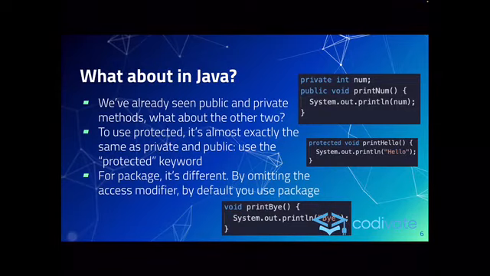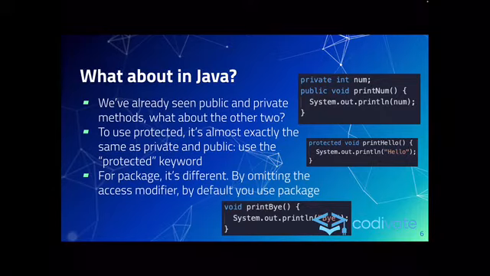So exactly what would we do in Java to get this? It turns out that you can just use those words. We've already used private and public, for example, when we were creating instance variables and methods. The protected keyword also works the same way.